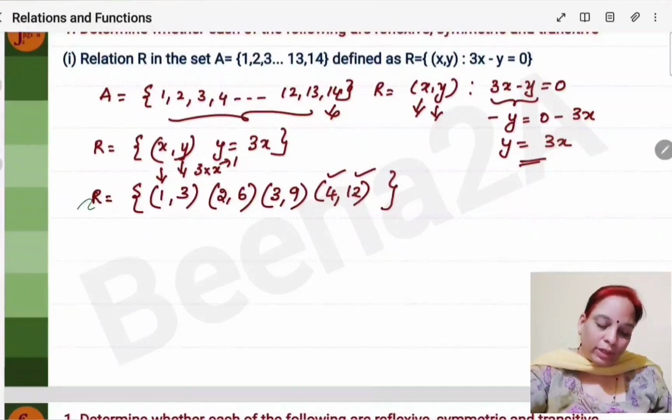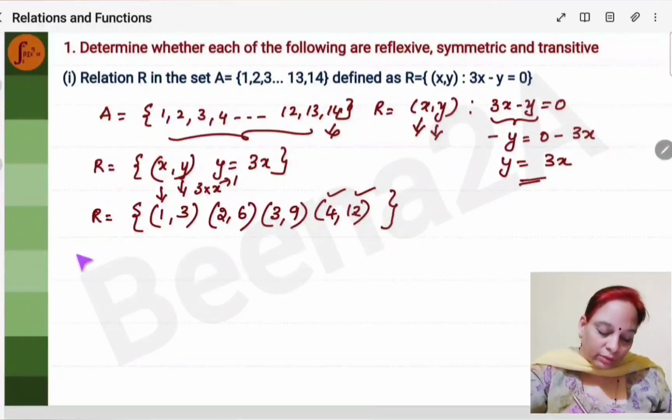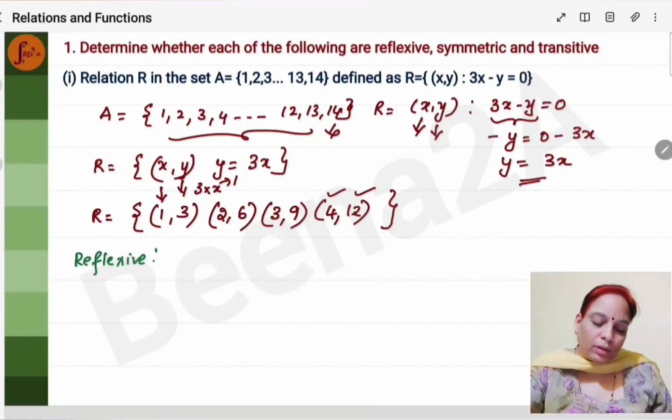Now we have the relation. Let's find out if it's reflexive. What is the condition?